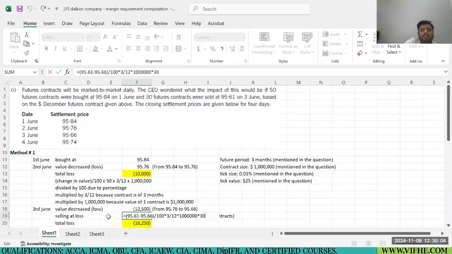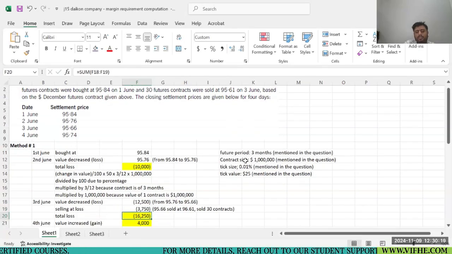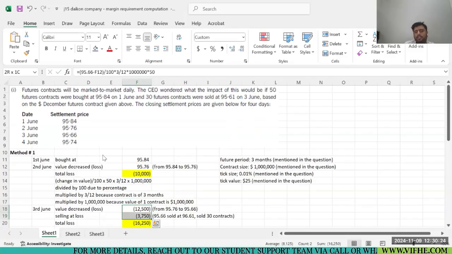And then there is one more loss because you are selling something which is with you at 95.66, you are selling it for 95.61. So the total loss is 16,250. Understood? There are two losses over here. One due to reduction in the value, and second due to the selling.